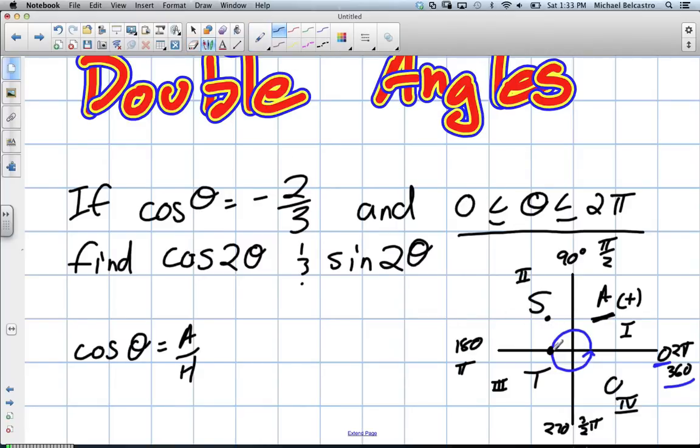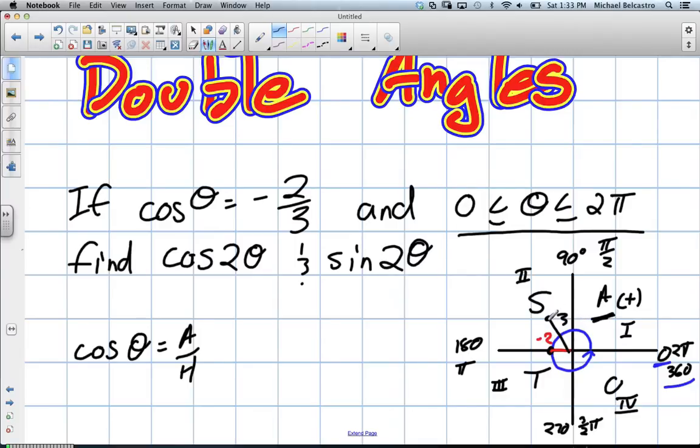Hypotenuse being 3, we go back 2. Is this making sense so far? That being -2, this distance here is -2, because that is our adjacent. And then our hypotenuse is a distance of 3. You have to find the other side, right?